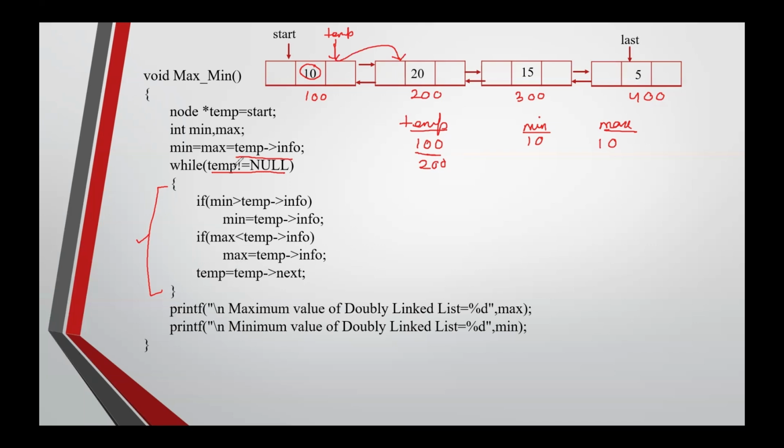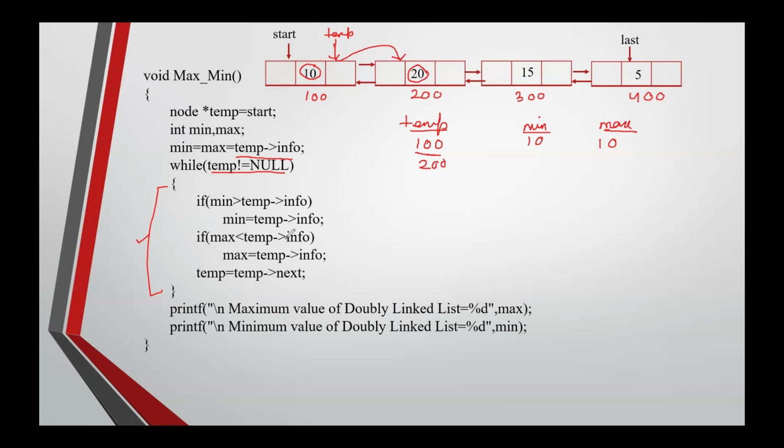Then 200 is not equal to null. Yes, it is true, so the body of the loop is executed. Min is 10. Is it greater than temp info? No, 10 is not greater than 20.